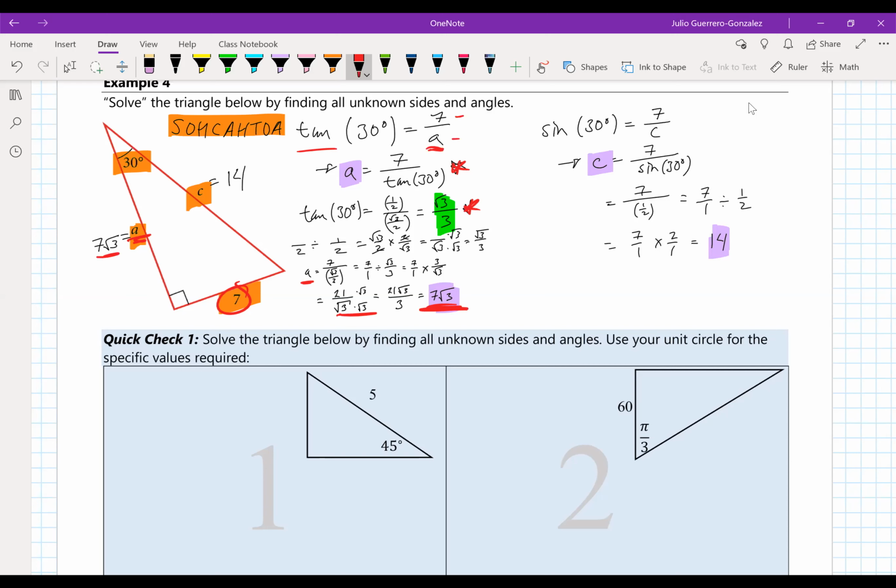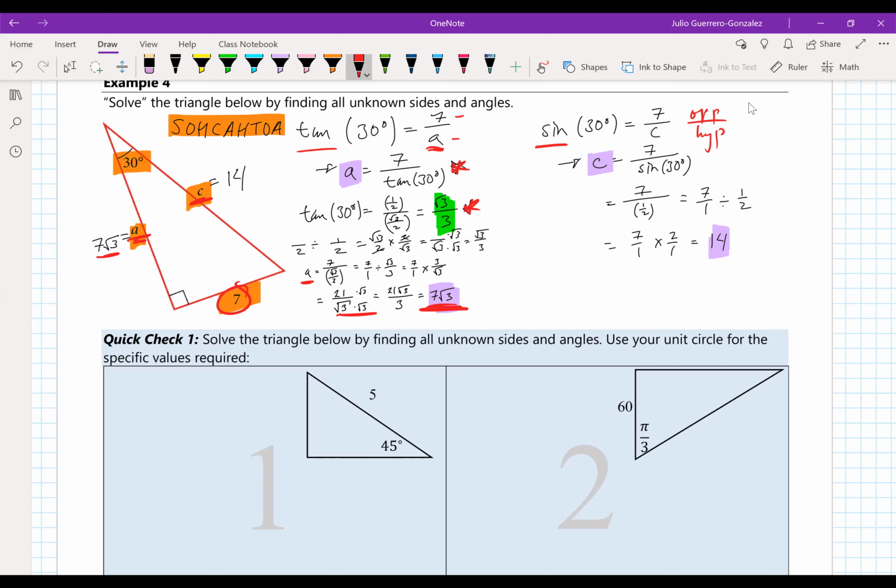And then lastly, for C, we have opposite, and we need the hypotenuse, so that tells me to use sine. So sine of 30 degrees is opposite over hypotenuse, right?